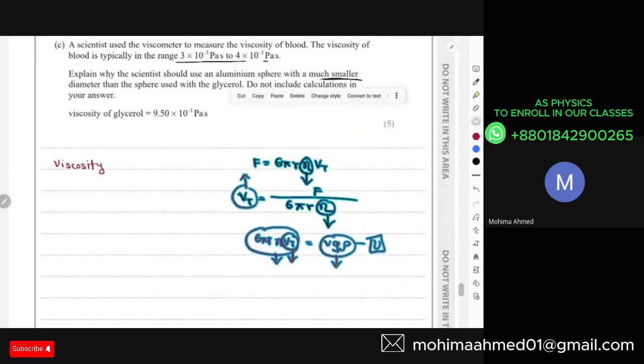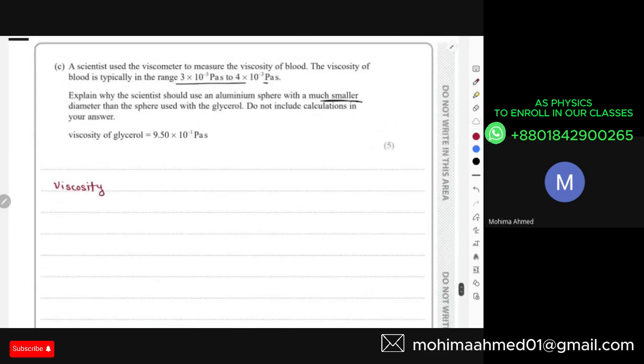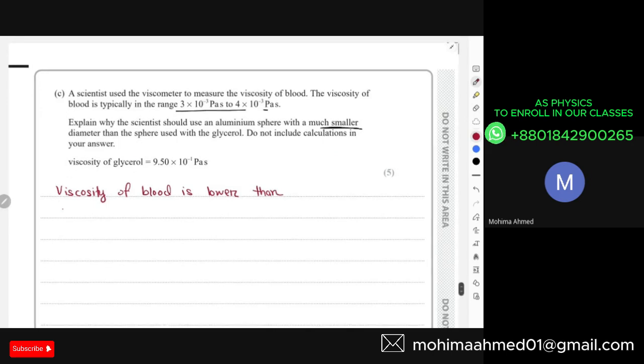Okay, so if I just take this to the very bottom, I'm going to leave it right there. And after this, we start. The viscosity of blood is lower than glycerol.